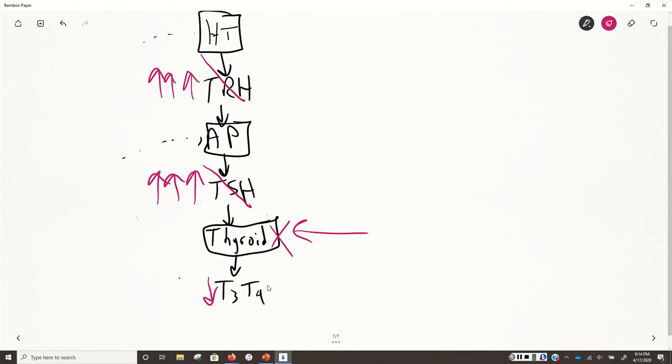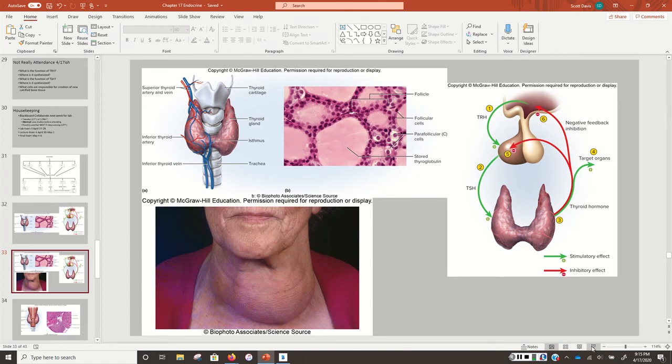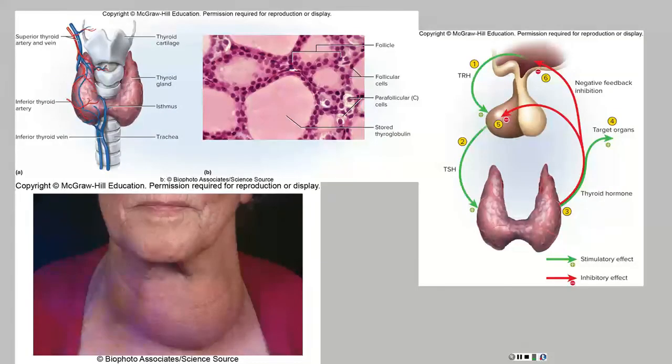But that overstimulation, whether or not we get T3, T4, overstimulation of the follicles is what leads to goiter, which is what we see there. So goiter in hyposecretion from the thyroid: the pituitary continues to produce TSH, trying to raise the T3, T4 thyroid hormone. This leads to overstimulation of follicles, resulting in goiter.